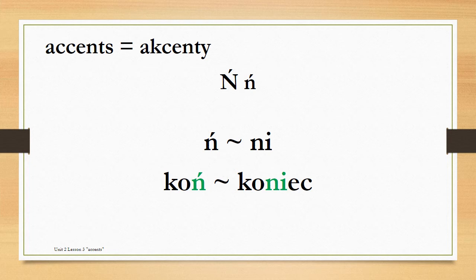So the good example of the sounds is koń, which means a horse, and koniec, which means the end. As you can hear, the sound is nearly identical. Again, koń, koniec. So this might be a good example for you to practice the sound of ń.